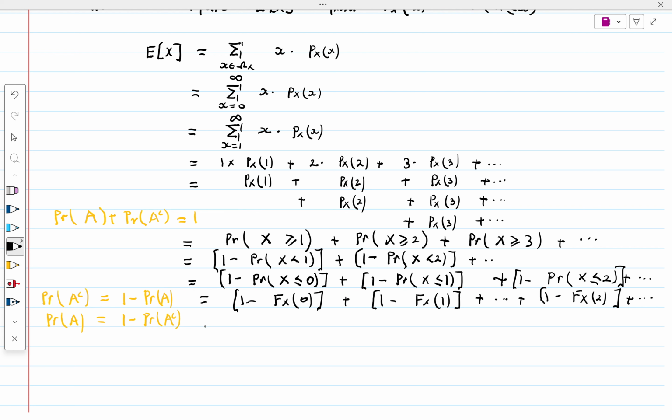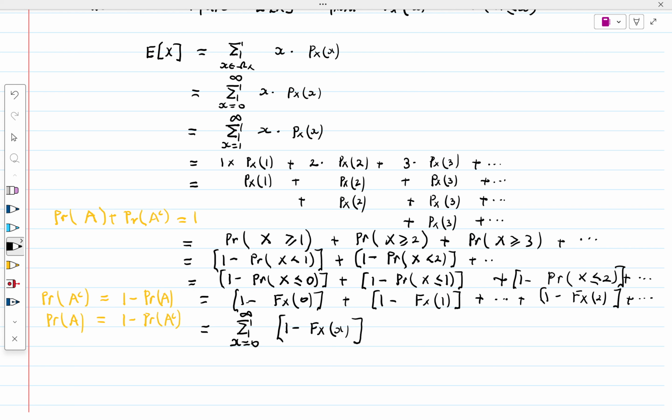In summation notation, that's the sum of 1 minus F_X of x from x equals 0 to infinity.